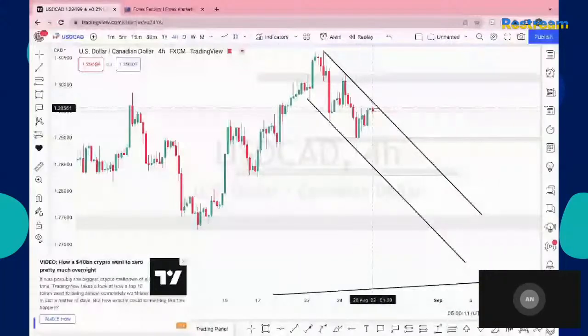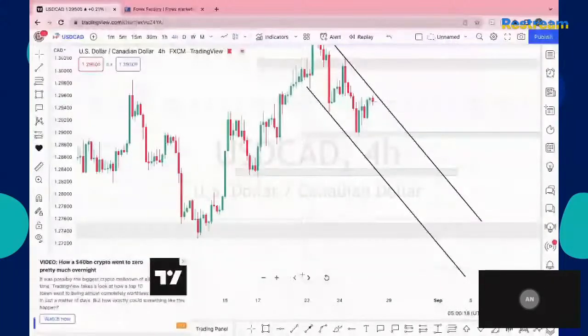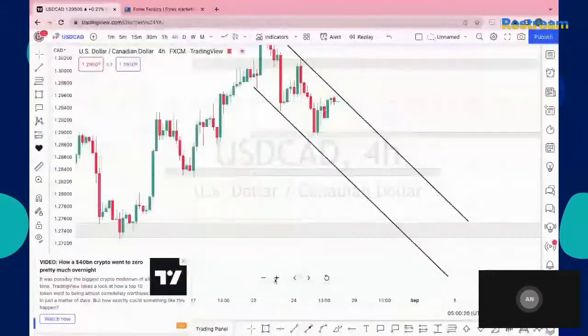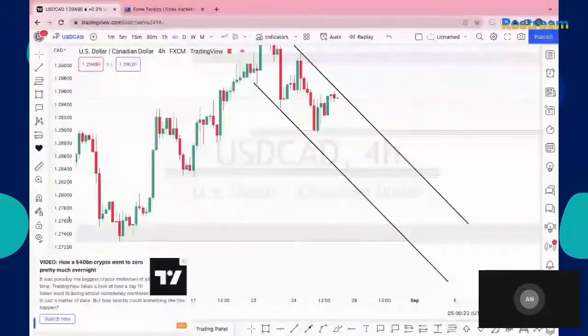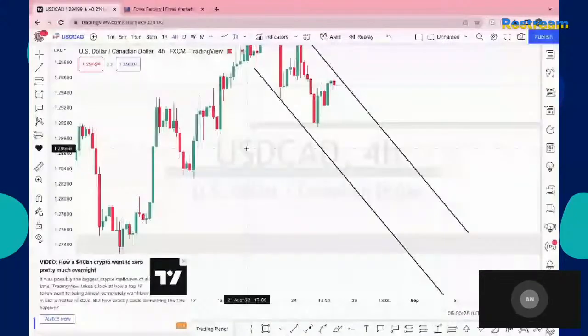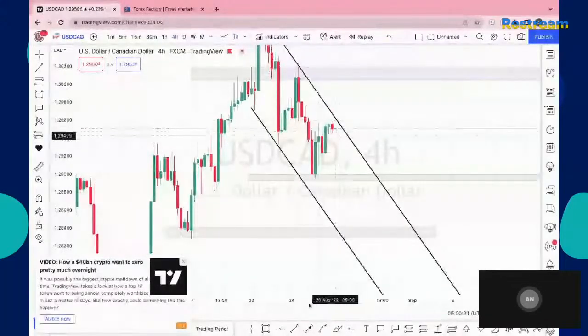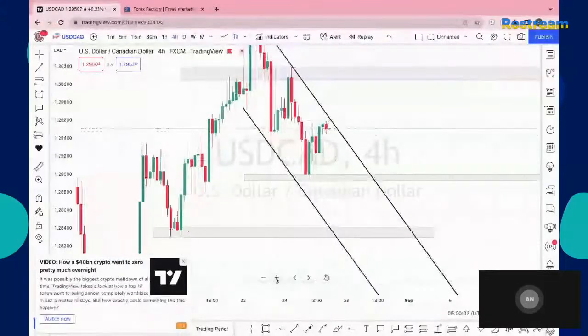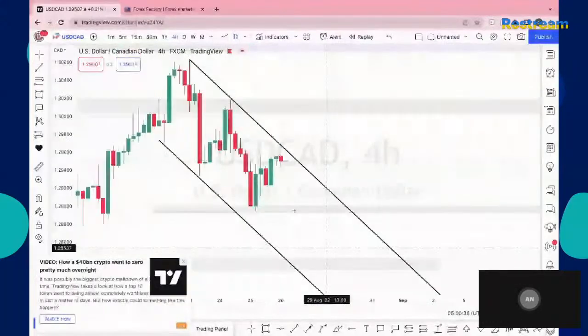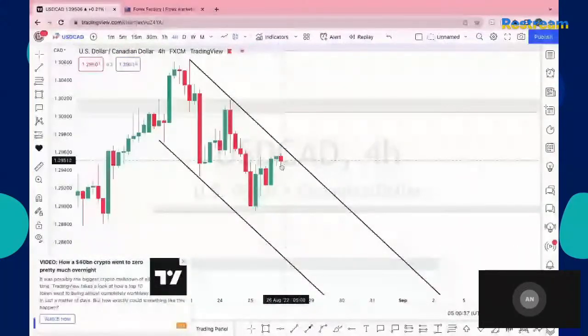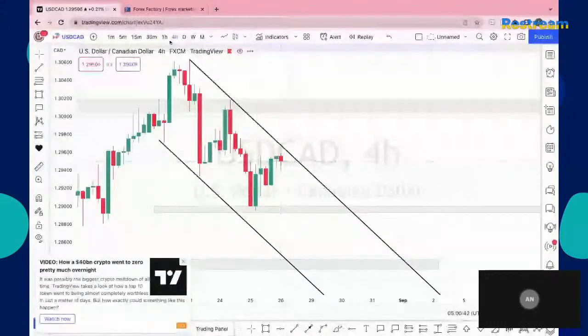So right there, what I'm expecting is in the next, I think it's this candle right now, next 4 hour. Oh, this is nice. So we've got a week range here, and it needs to be filled.